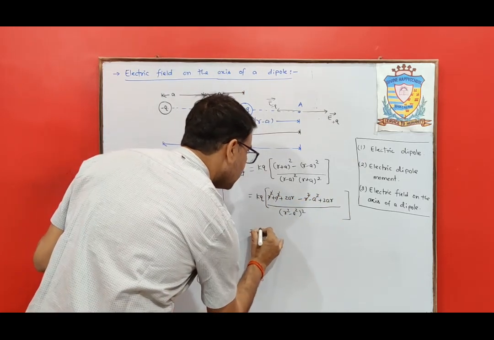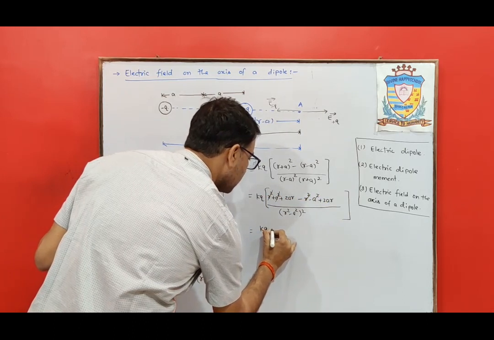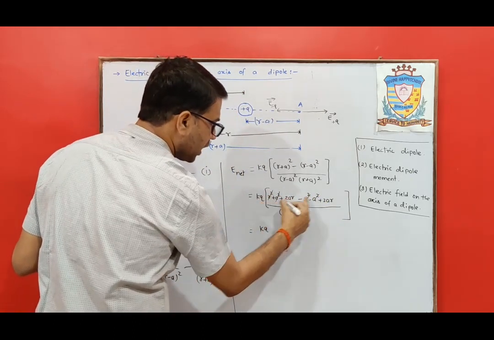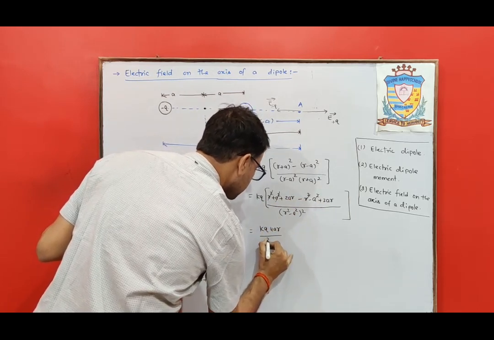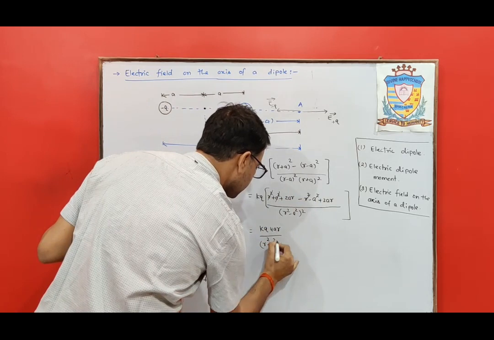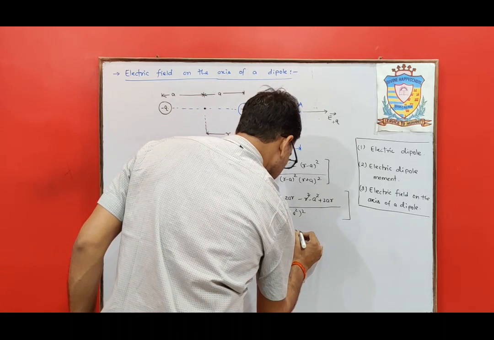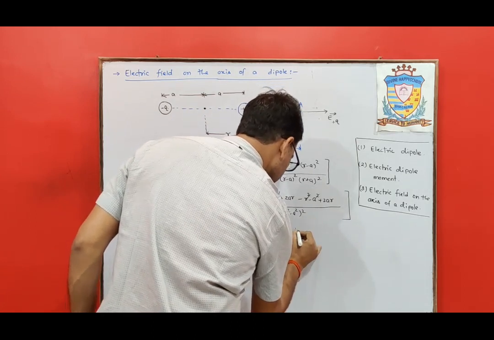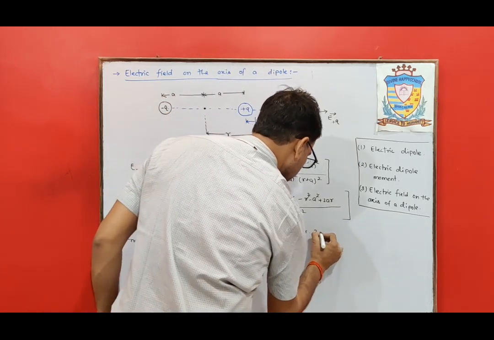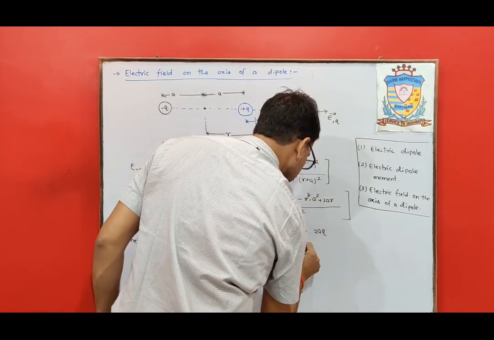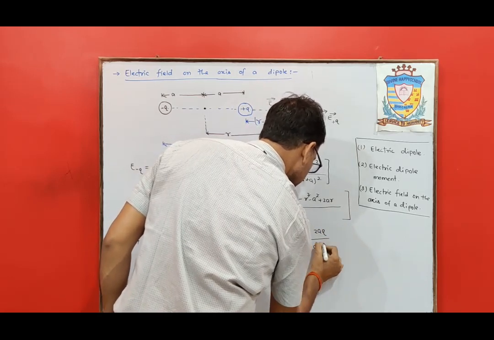Now what we have is kq times (2aR plus 2aR), which is 4aR, upon (R square minus a square) whole square. This can be written as k into 2R into 2a q upon (R square minus a square) whole square.